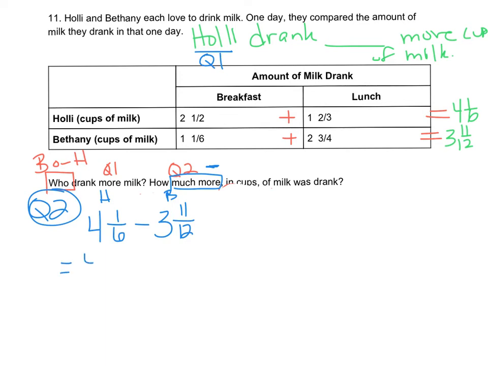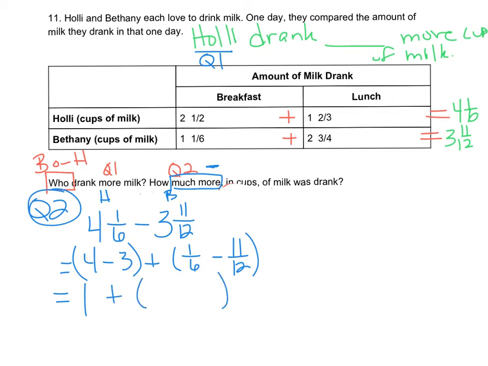So now I'm going to subgroup my whole numbers and my fractions. So 4 minus 3 is 1, plus, get a common denominator. So 6 can definitely go to 12. So my 11/12 gets to stay the same. Love it. 6 times 2 equals 12.